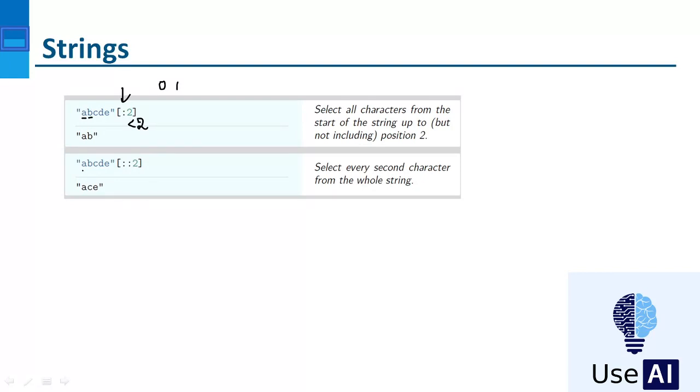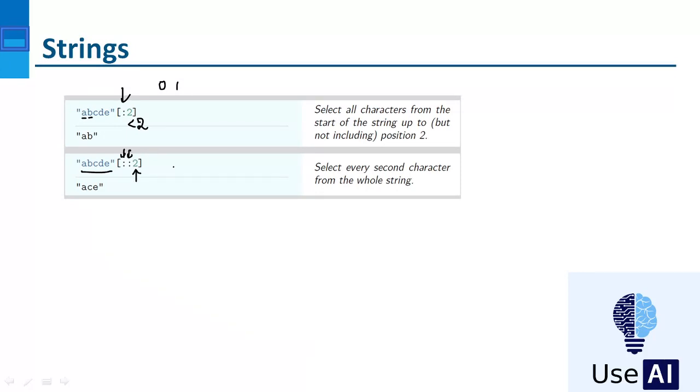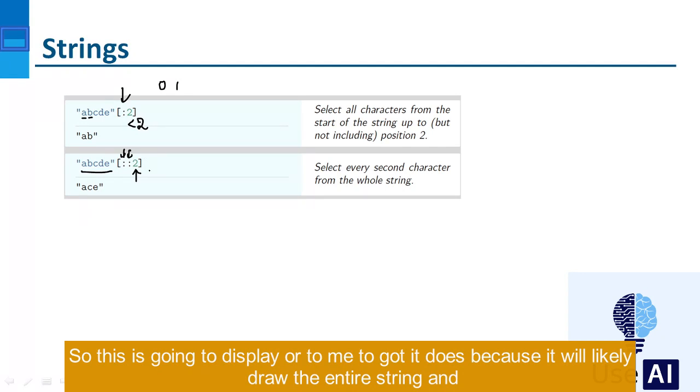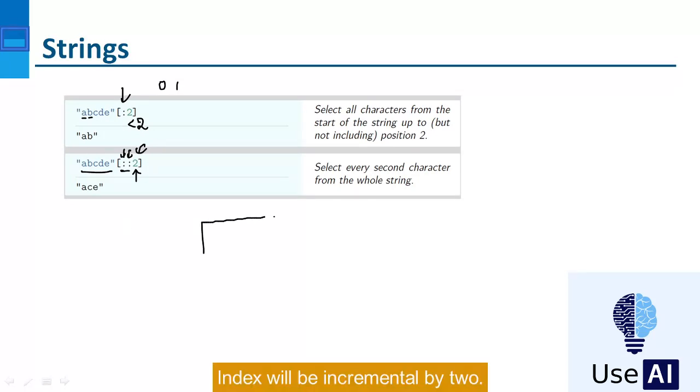And next, A, B, C, D, E with double colon 2. Since the starting index is not specified, stop index is not specified, but the step value is specified, this is going to display alternate characters because it will iterate throughout the entire string and the index will be incremented by 2.